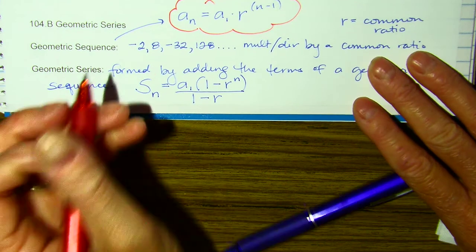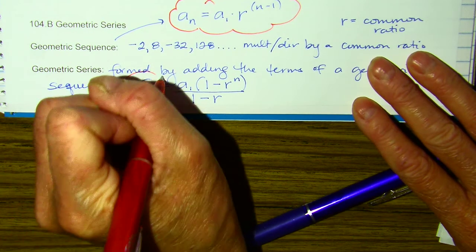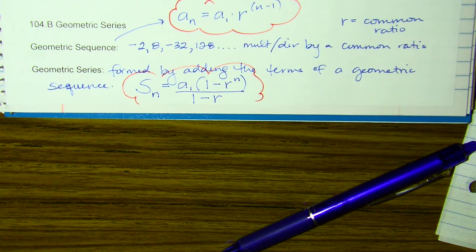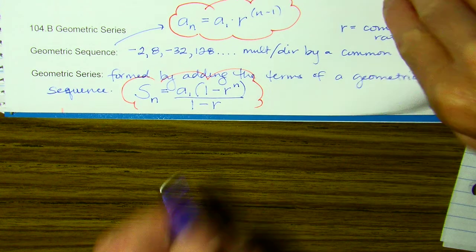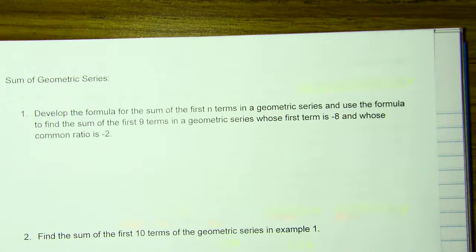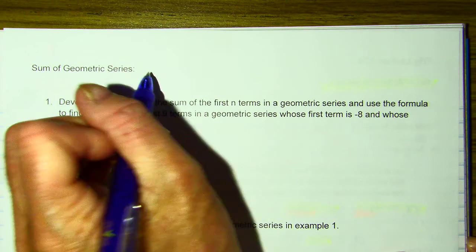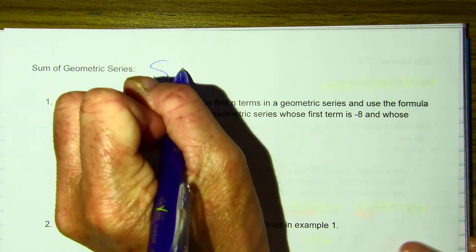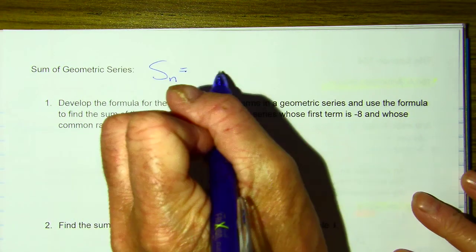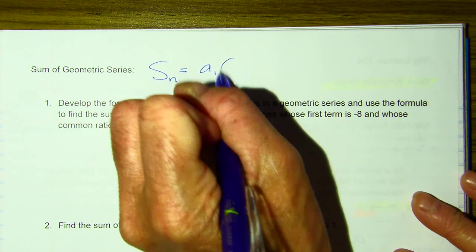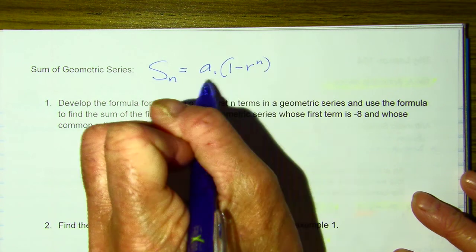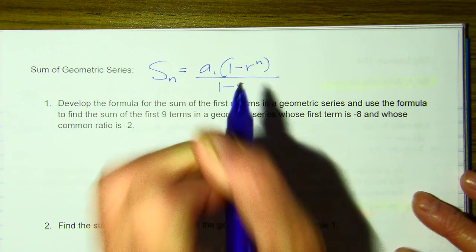So there's the formula for the geometric series. So let's try a couple examples using that. Oh, and I didn't realize I left a space for that formula here. S_n equals a1 times 1 minus r to the n divided by 1 minus r.